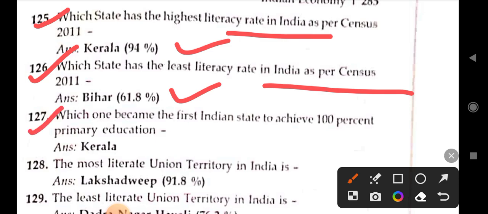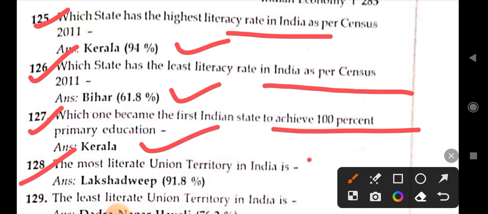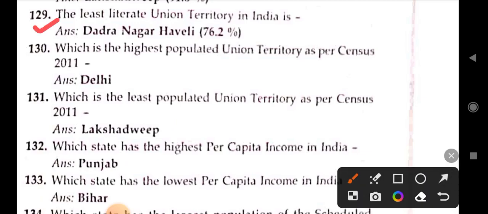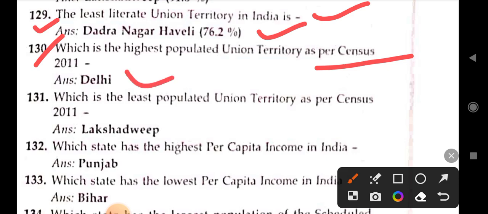Which became the first Indian state to achieve 100% primary education? Kerala. The most literate union territory of India is Lakshadweep, 91.8%. The least literate union territory of India is Dadra and Nagar Haveli, 76.2%. Which is the highest populated union territory as per census 2011? New Delhi.